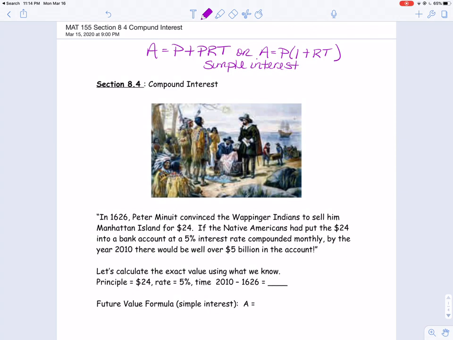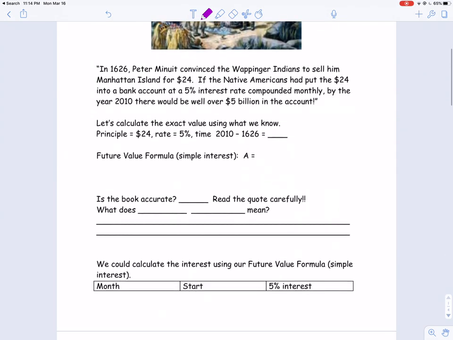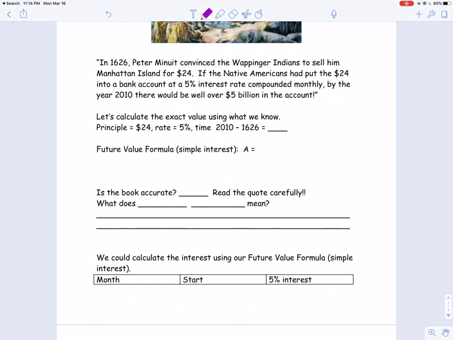I think this scenario is fantastic. It's showing the difference between simple interest and compound interest. So let's just walk through it. If we stop at 2010, so that's 10 years ago, we've got a time frame of 384 years. Let's do simple interest first.